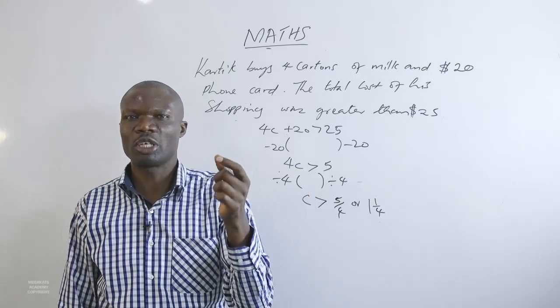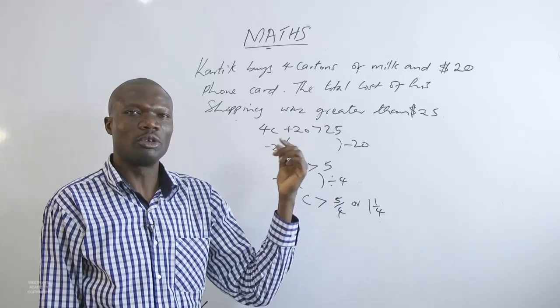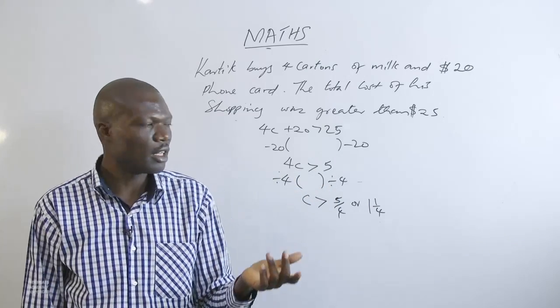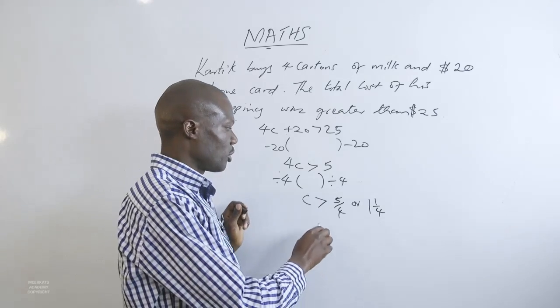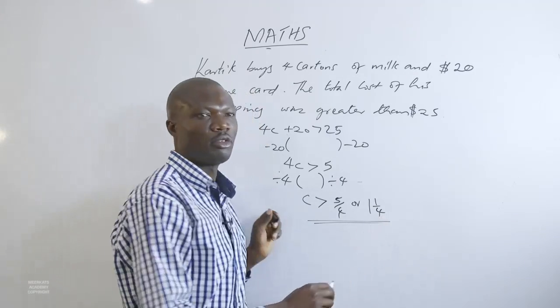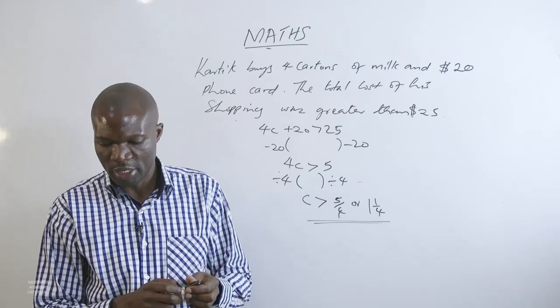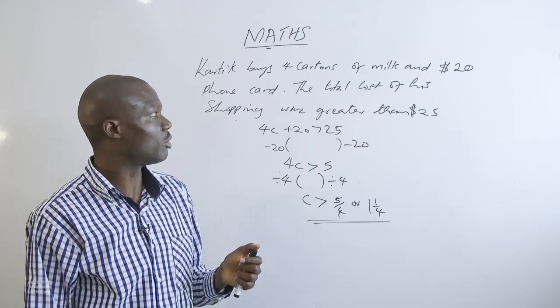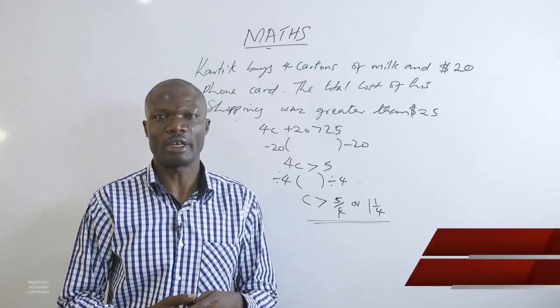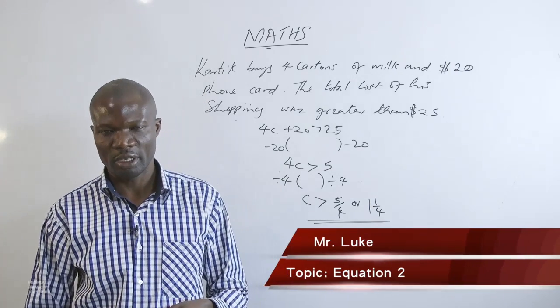Having described the situation using an inequality, you go ahead and solve the inequality accordingly. So that is it for today. And in our next class, we shall be looking at a different area on measurements. Thank you.